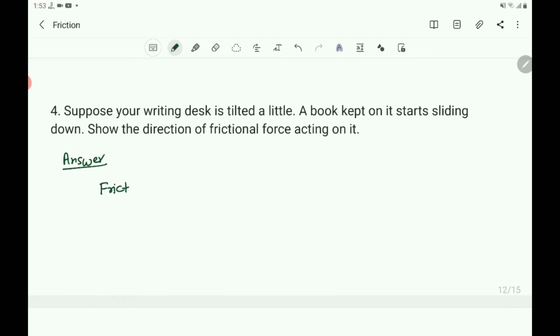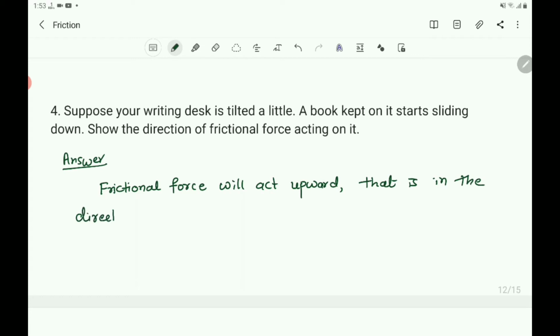Frictional force will act upward, that is in the direction opposite to the sliding of the book.